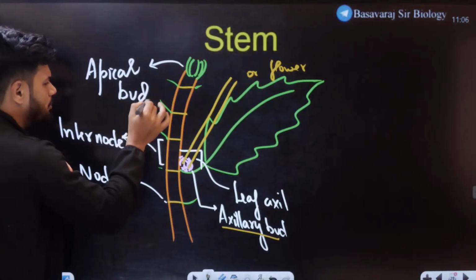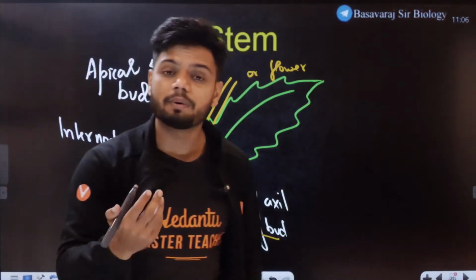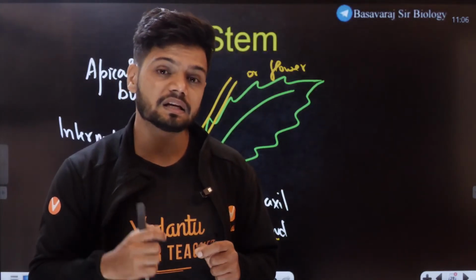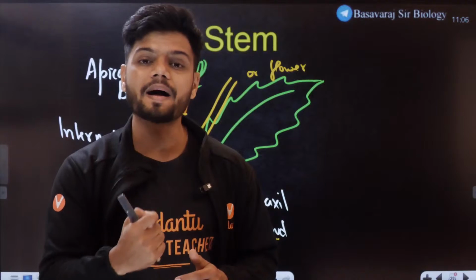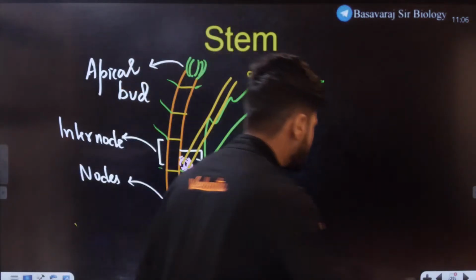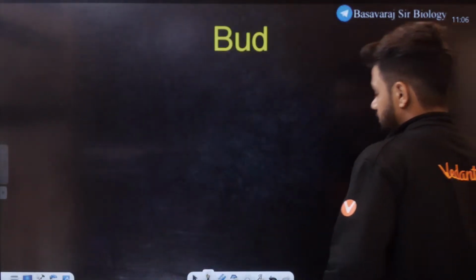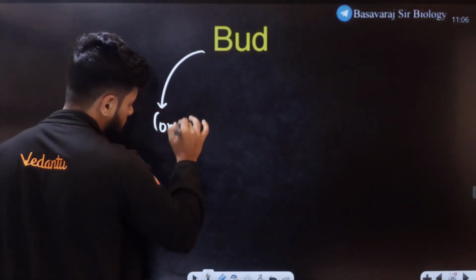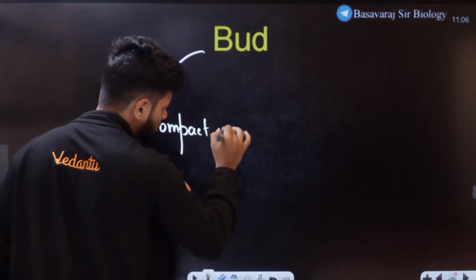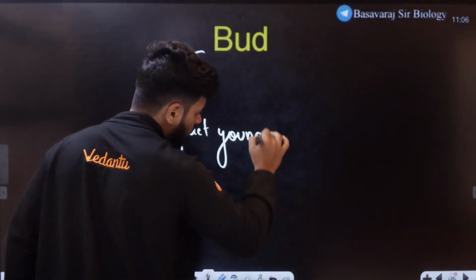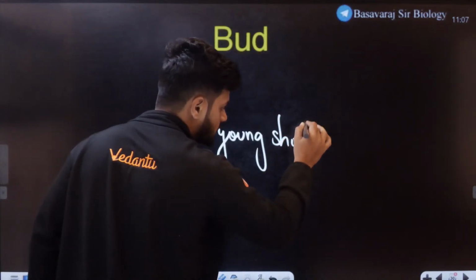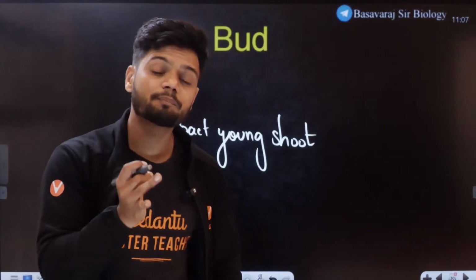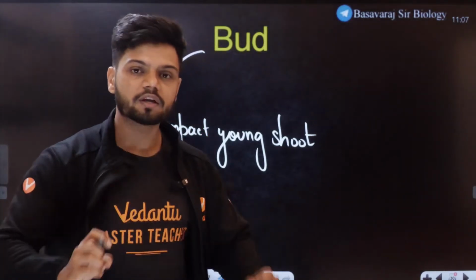But I am telling you so many bud this, bud that. What is the meaning of bud actually? The meaning of bud is, it is a compact condensed leaf or compact condensed shoot. So what is a bud, students? Bud is nothing but a compact young shoot which has immature leaf primordia, which can open up eventually.